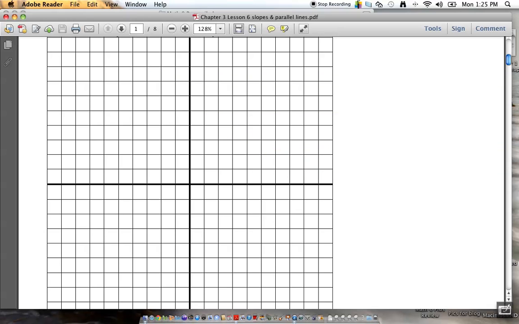Ready? First one, I want you to touch at the origin and go up 3 over 1. Wait, what? The origin is just 0. So touch at the origin, go up 3 over 1. Okay, touch the origin up 3 over 1.